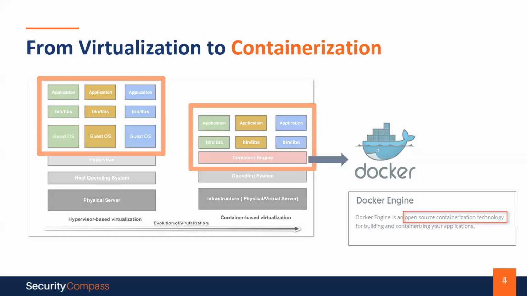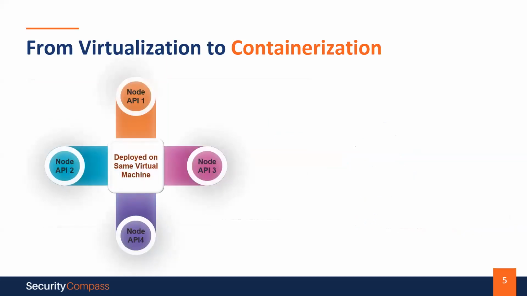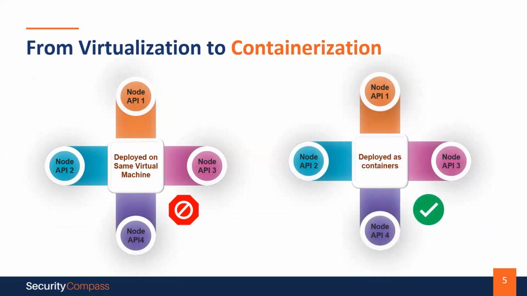In conclusion, if we have 4 Node APIs running on different versions of Node, and we deploy them in a VM, they may break because of the different versions of Node. But if we deploy them as containers, they will be completely isolated from each other and will work seamlessly.